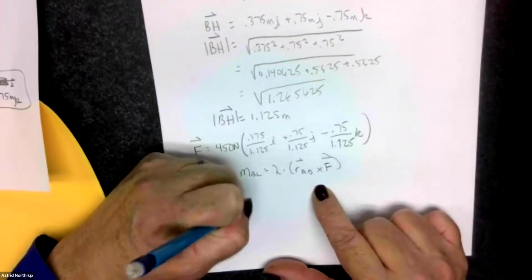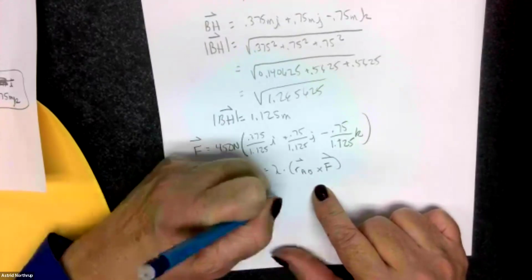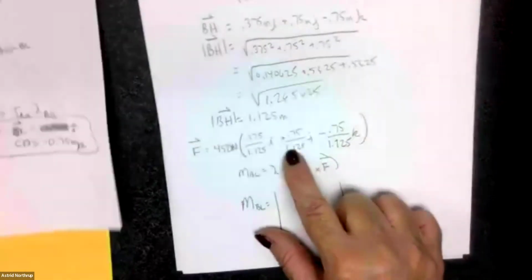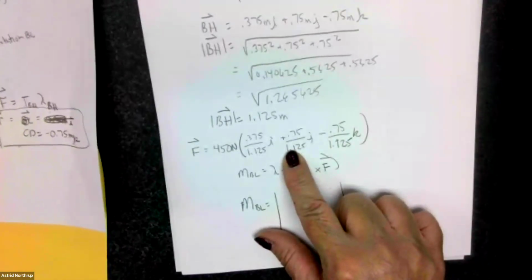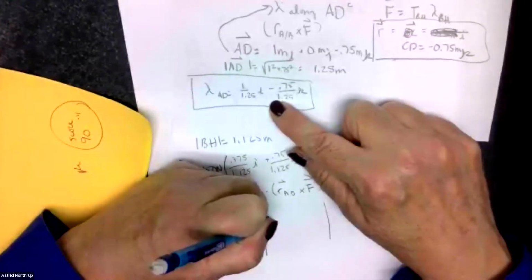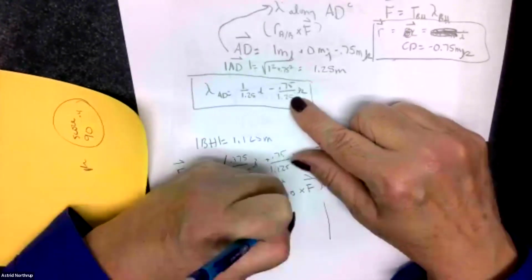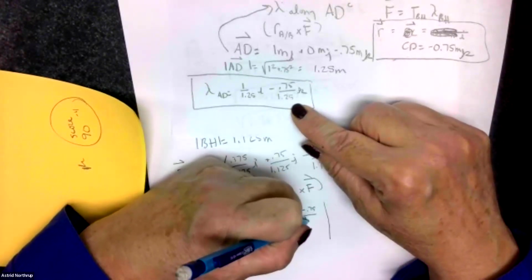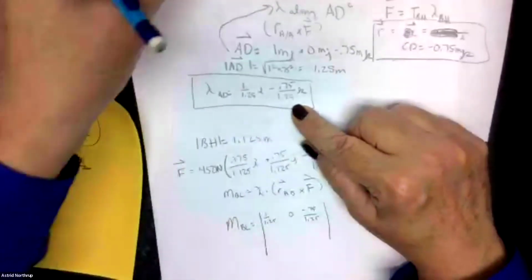So I write that down one more time, equals my components of lambda, which is right here: 1 over 1.25 and negative 0.75 over 1.25.